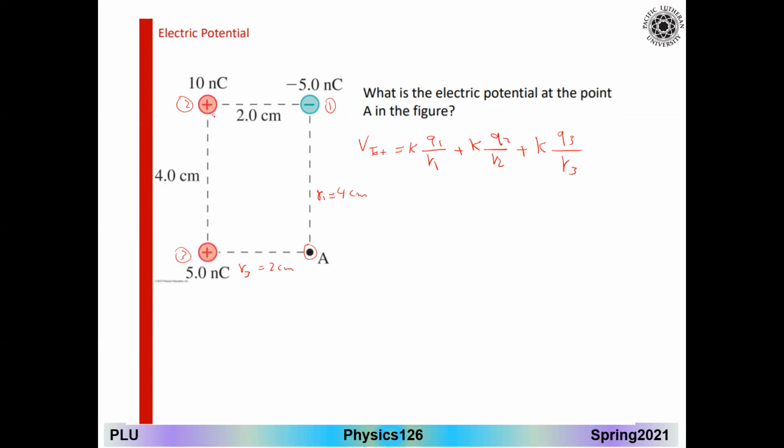And R2 is basically the square root of 4 squared plus 2 squared. You end up with 4.47 centimeters. So this is R2. Now I have all the information that I need, so I can find my total volts here. I'm going to take the K outside. Here is the K.